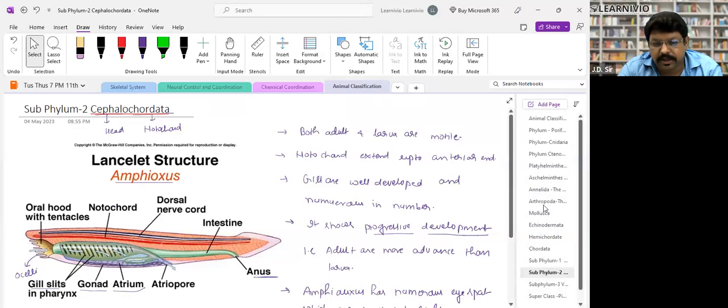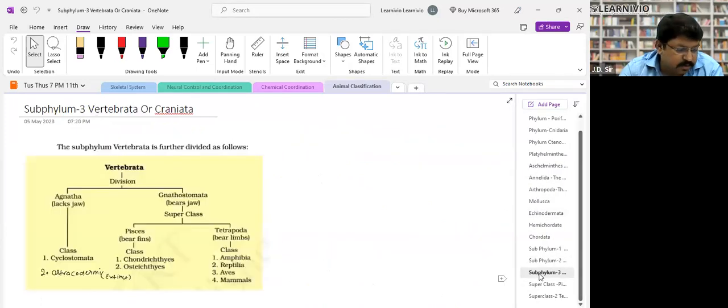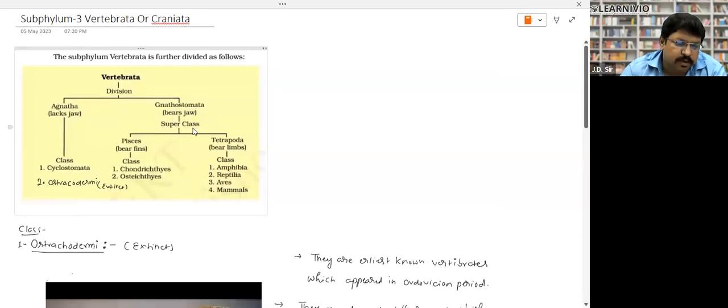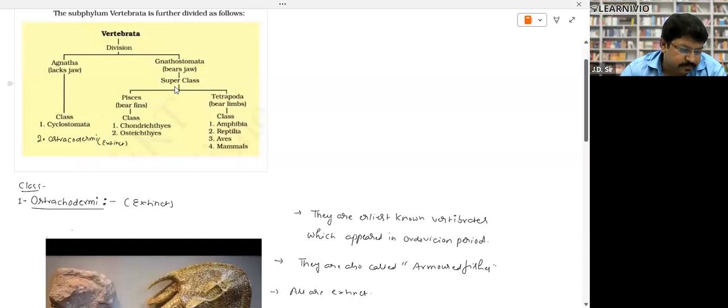The next one is subphylum 3, Gnathostomata, right? They bear the jaw, and there are two superclasses: Pisces, which bear fins like fishes, and Tetrapoda, which bear limbs.